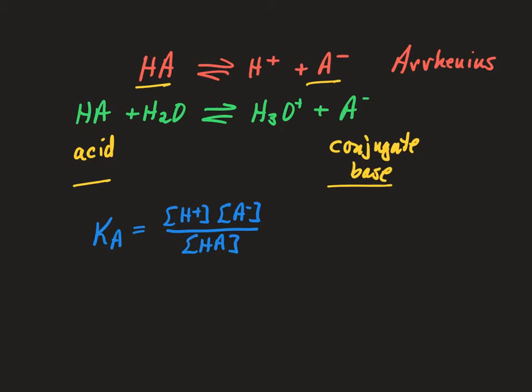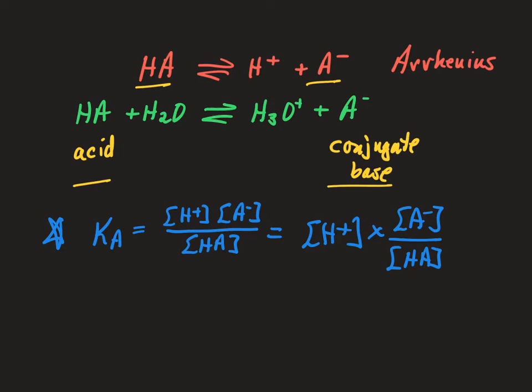But we can rearrange this to look like this. All we have to do is pull that hydrogen ion out front, and then we've got the ratio of our basic form to our acidic form off by itself. And I will admit, this is my preferred way to look at this.